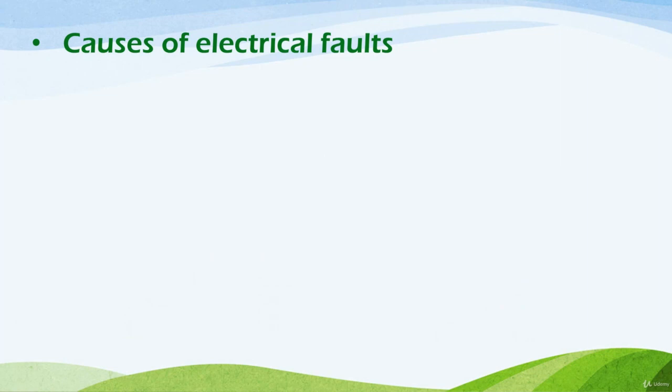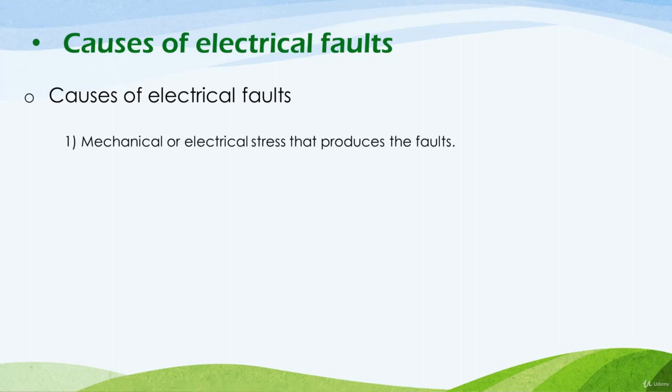Now let's see what the reasons are that produce electrical faults. The first reason is mechanical or electrical stresses. If an electrical element is subjected to an electrical stress, like an increase in the value of the current, this may produce an electrical fault as we said.